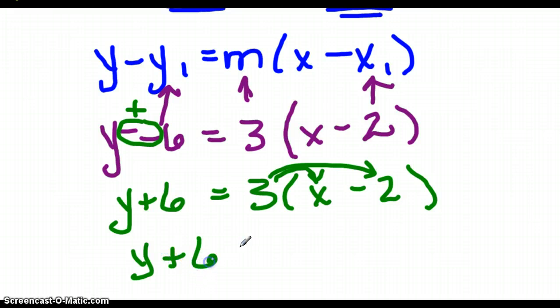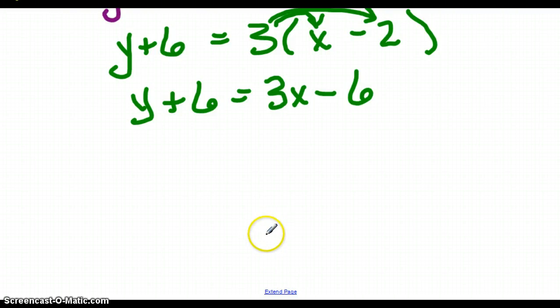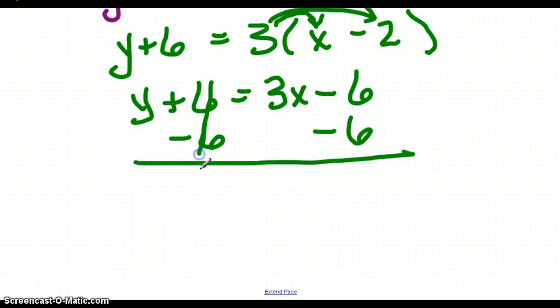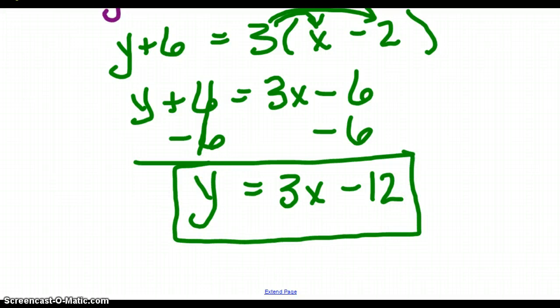So y + 6 = 3 times x is 3x, 3 times -2 is -6. Now we're close to y= form. We just have to move this 6, so we're going to subtract 6 from both sides. y = 3x - 12. And this is our final equation.